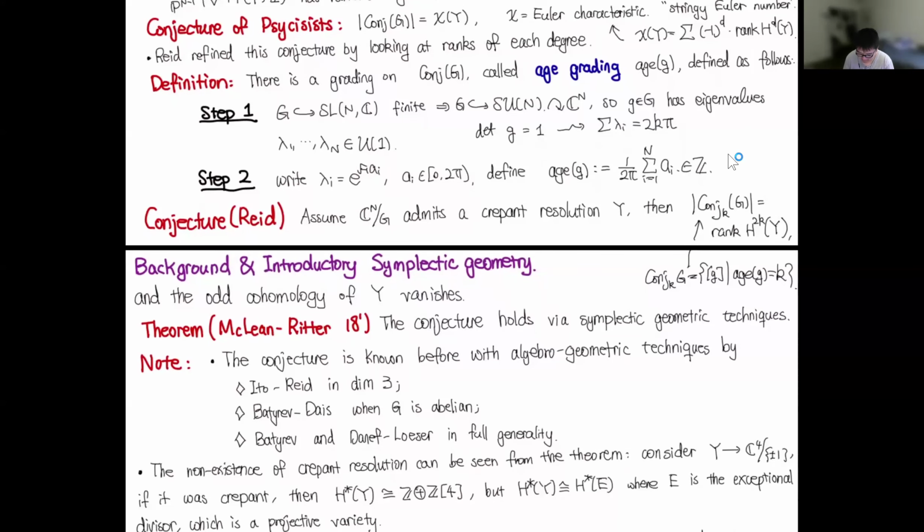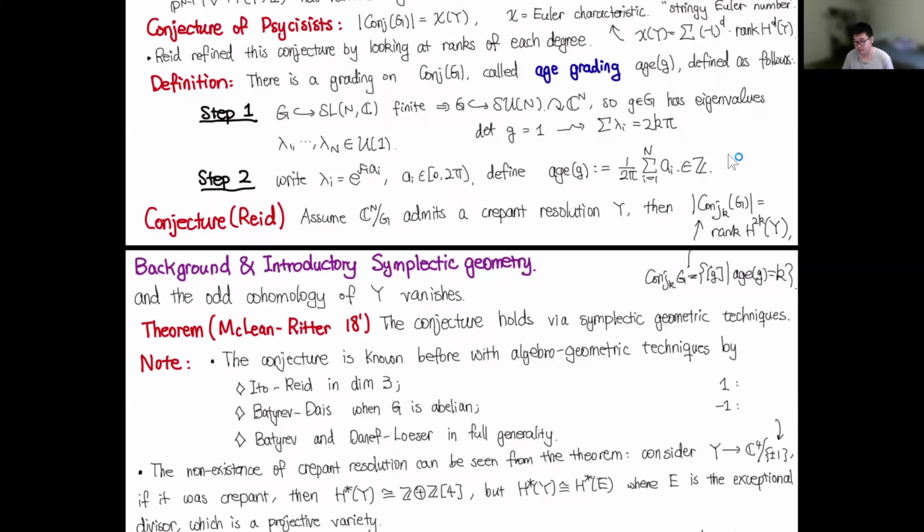And there is another note saying that the crepant resolution does not always exist. For instance, consider a resolution of Y to C^4 quotient by just the cyclic group C2, consisting of 1 and -1. If it was crepant, the cohomology consists of the H gradings of all of them, where there are 2 elements, so you can directly compute.